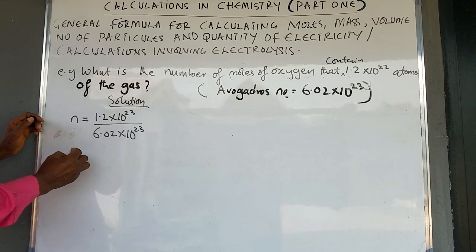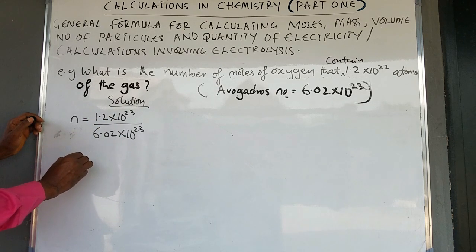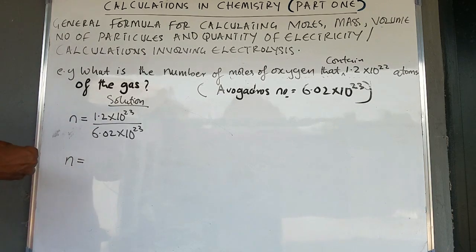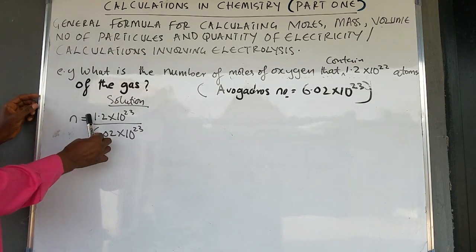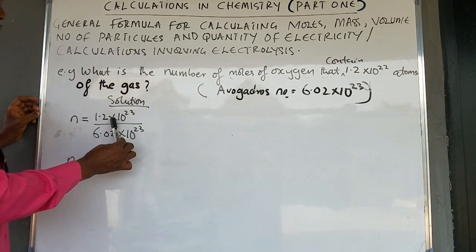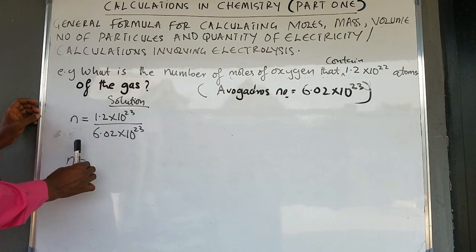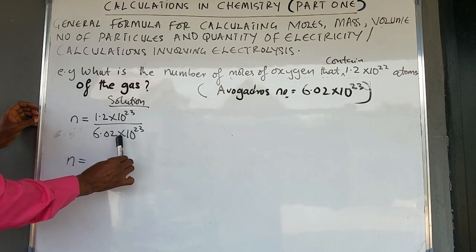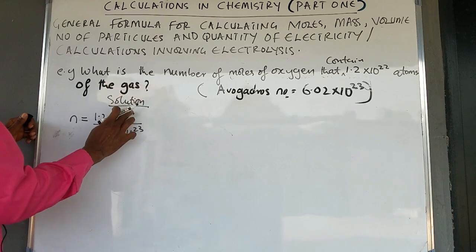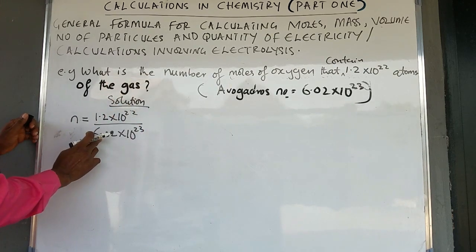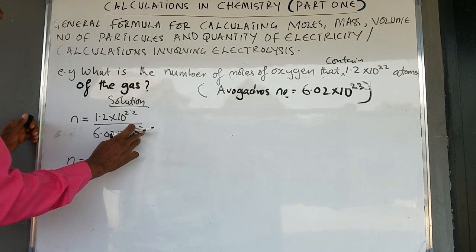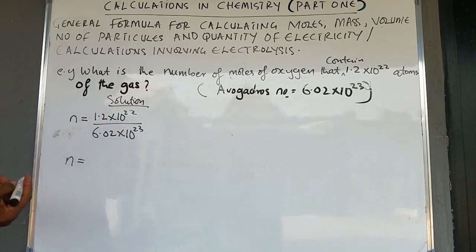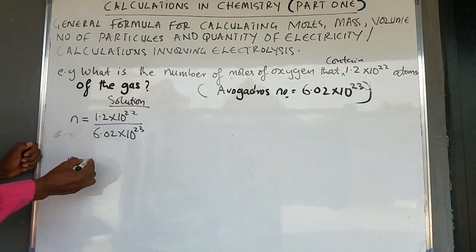Okay? Now, this one is so simple. If you use a calculator, that makes it very easy. Just say 1.2 exponential 23 divided by 6.02 exponential 23. The answer will appear on your calculator. And what's the answer?